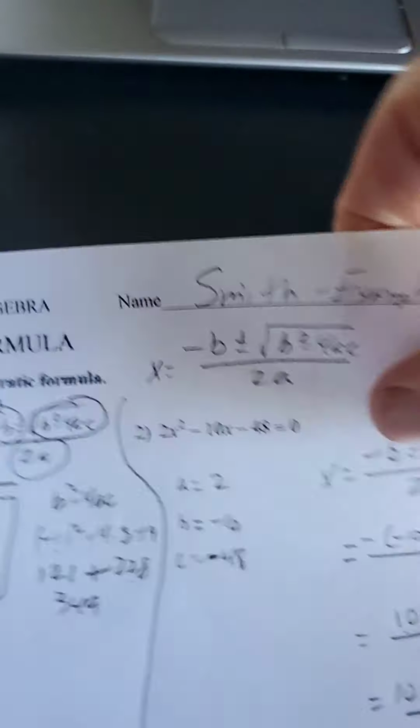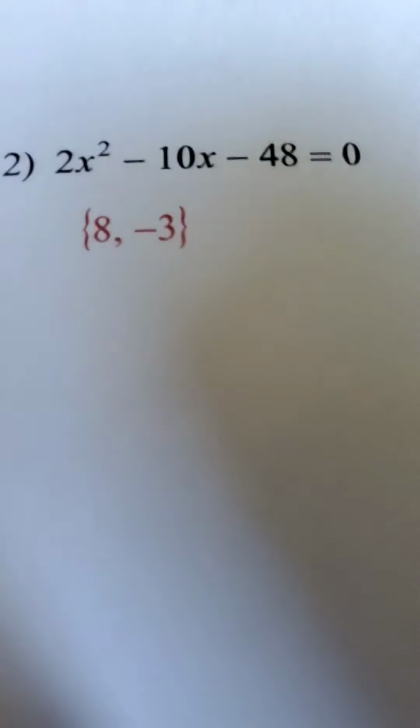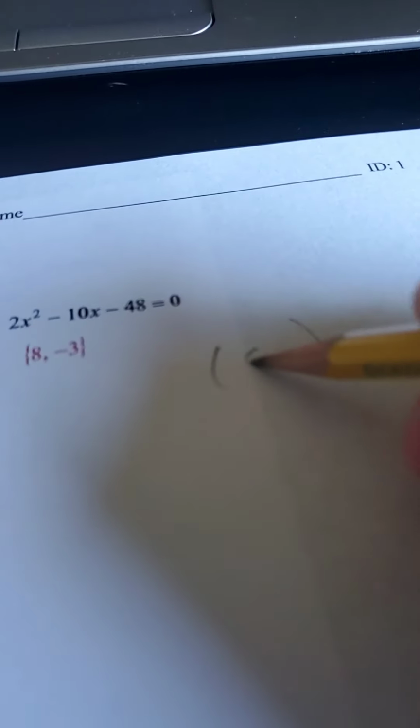And again, I gave you answers on pages 3 and 4. Not for you just to write down the answers, but for you to actually check it. And there are the answers of 8 and negative 3. For some of you, I mentioned, do not write this with parentheses.